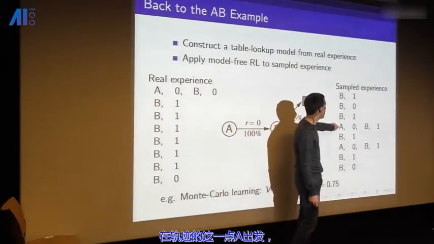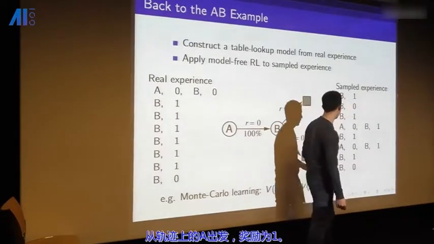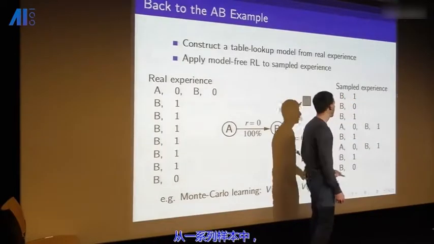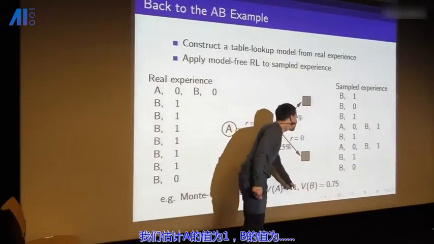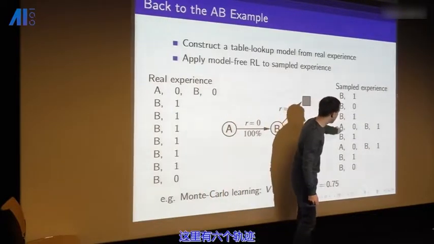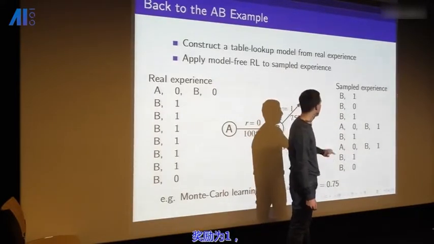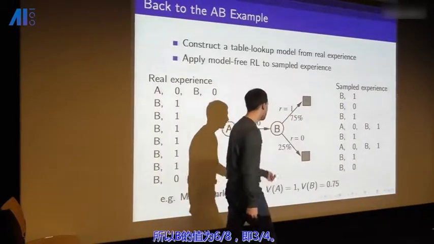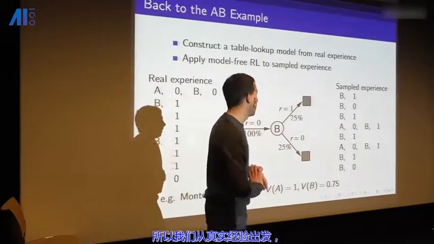Well, I started off in A here, I ran a trajectory and I got a return of 1. Started off in A here, ran a trajectory, I got a return of 1. So from this set of samples, we would estimate the value of A is 1, and the value of B would be, I've got 6 trajectories where B led to a reward of 1, and 2 trajectories where I got 0. So we would say the value of B is 6/8 or 3/4.